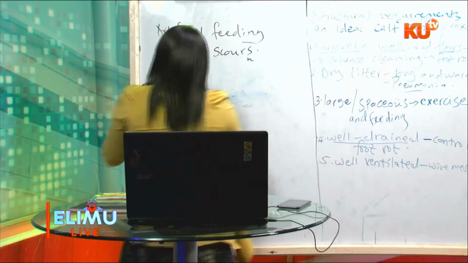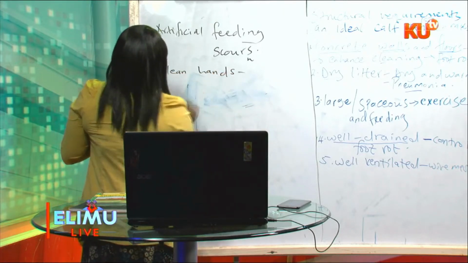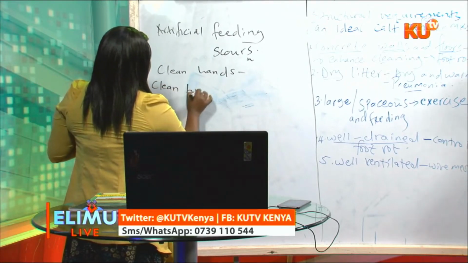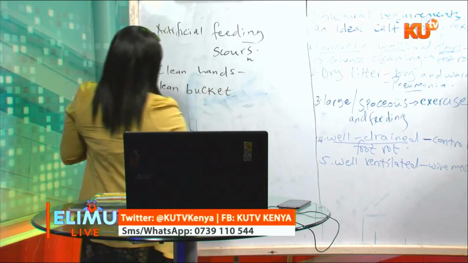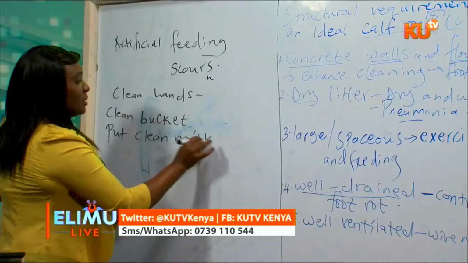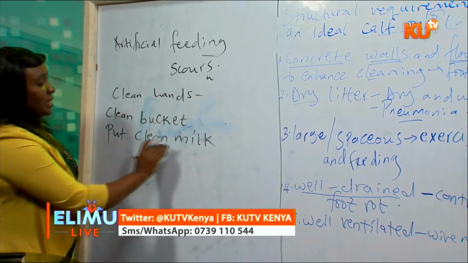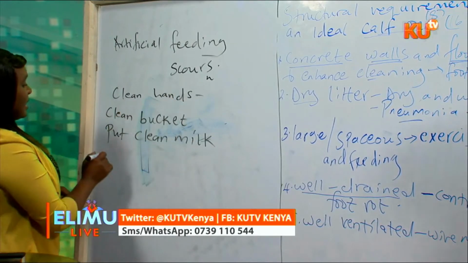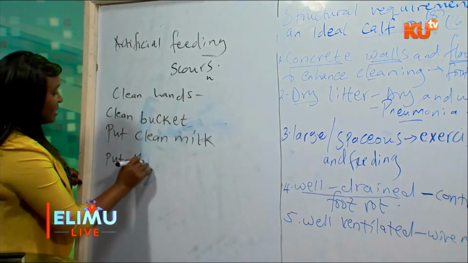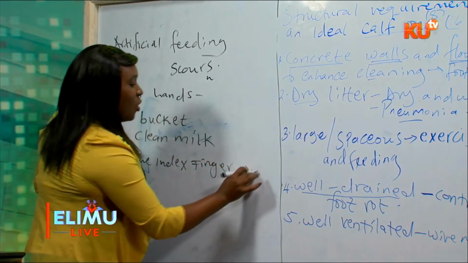So we have said you clean your hands, clean hands. We have said you clean buckets, clean the bucket. Put clean milk, of course, in the clean bucket. Then after you put clean milk and the hands are clean, the next thing is you put the index finger on the milk.